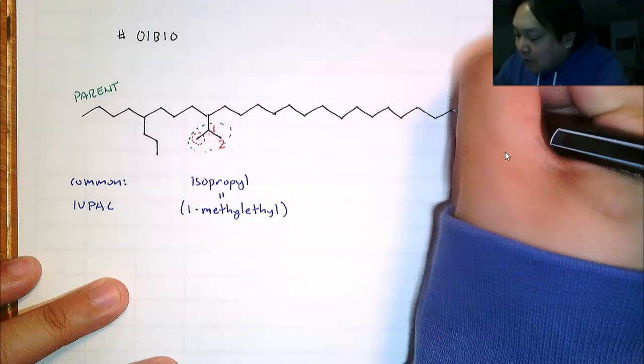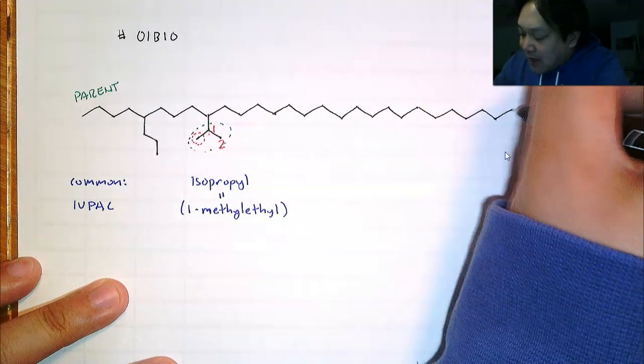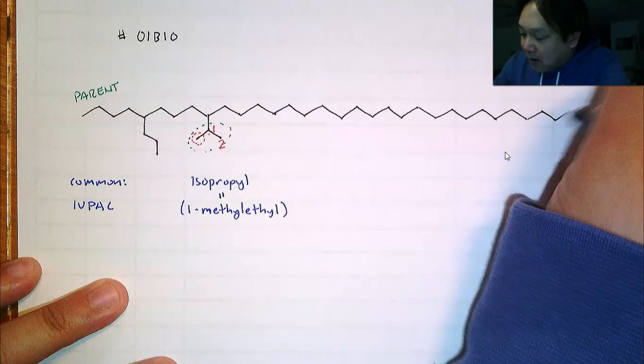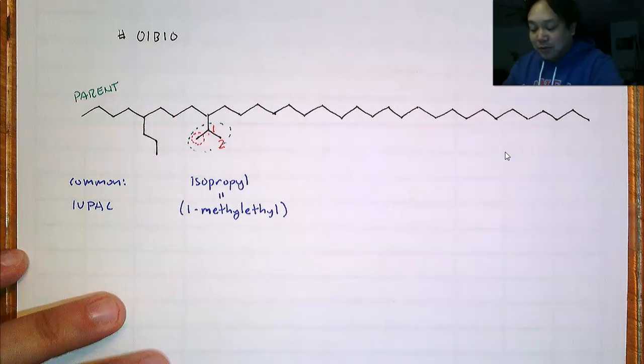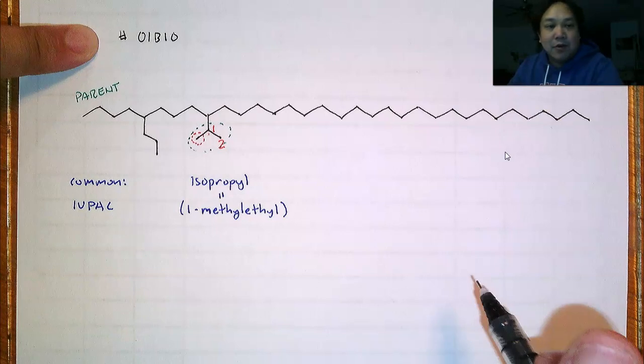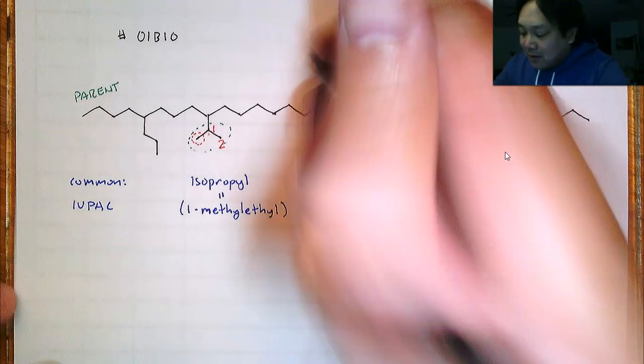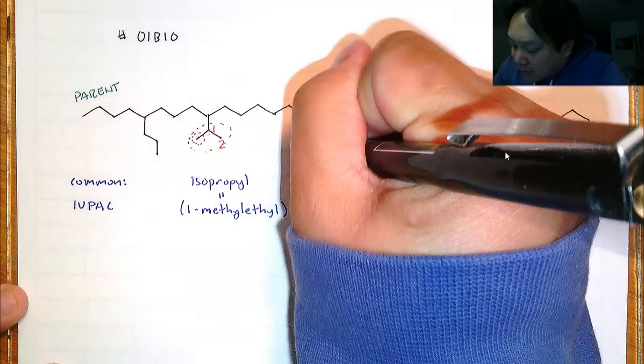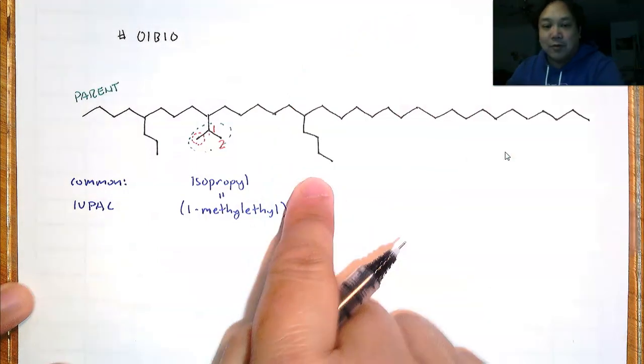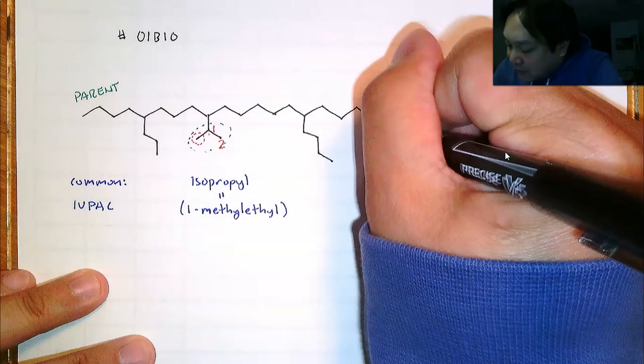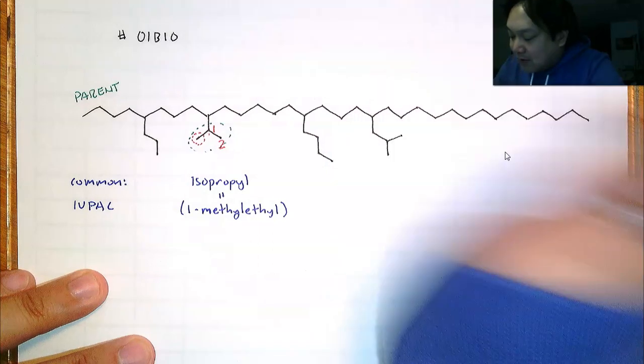Remember the other branch substituents that I suggest you memorize from video 01B10? Here we have butyl, 4 carbons in a row, but we could also have isobutyl.